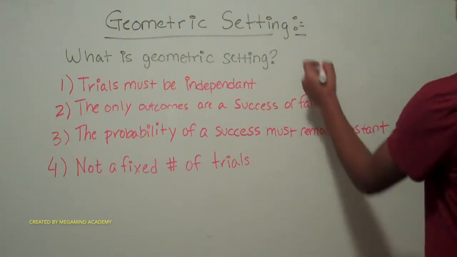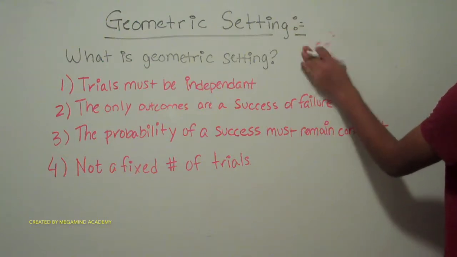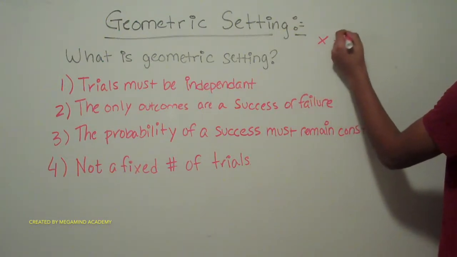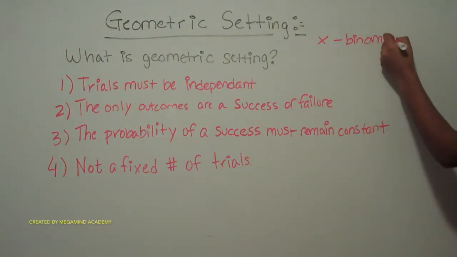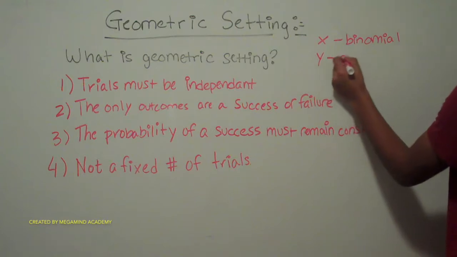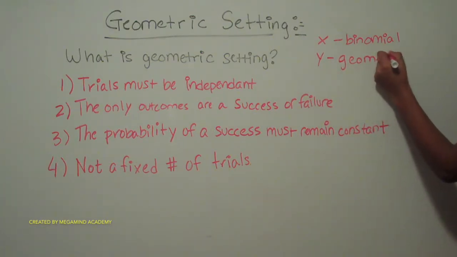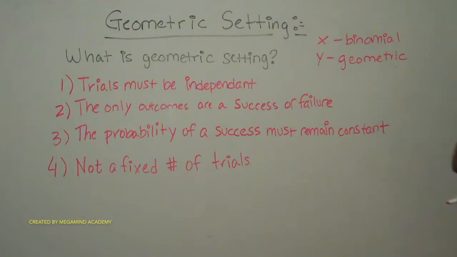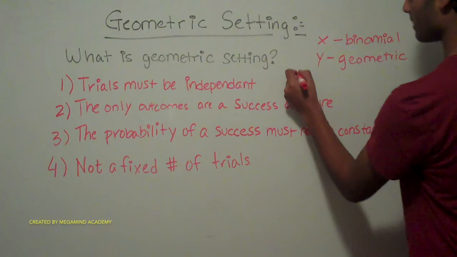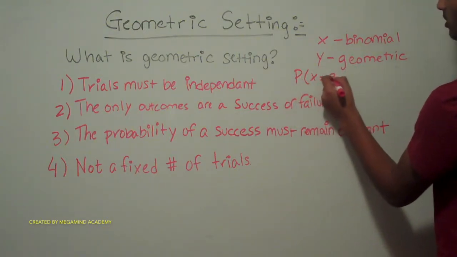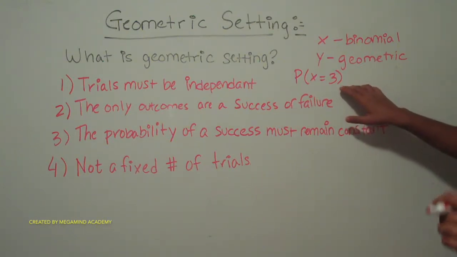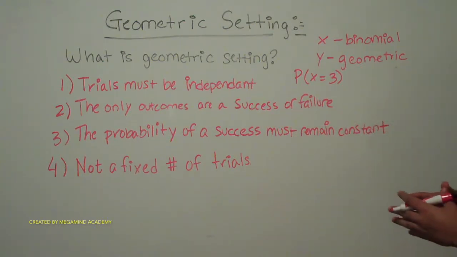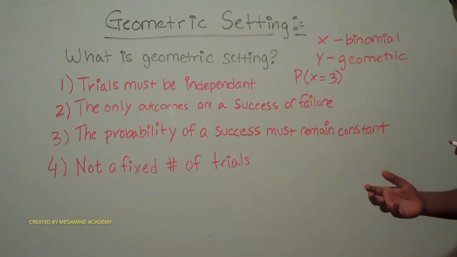Generally x denotes a binomial variable, and y denotes a geometric variable, generally speaking, only for these two settings. Okay, so if you're saying that P of X is equal to 3, what this would mean is out of your certain number of trials, let's say 12 trials, you're trying to find the probability that 3 of them are successes.